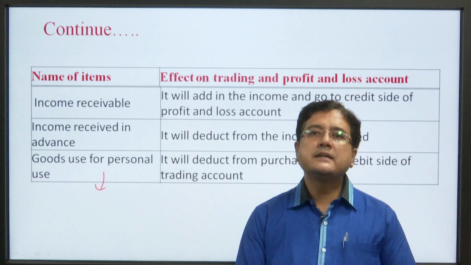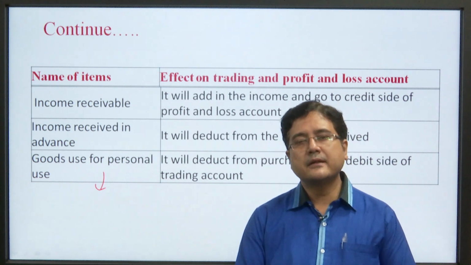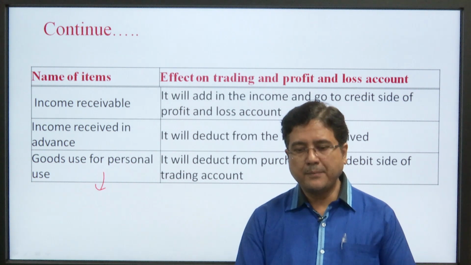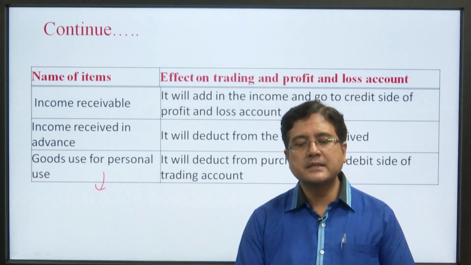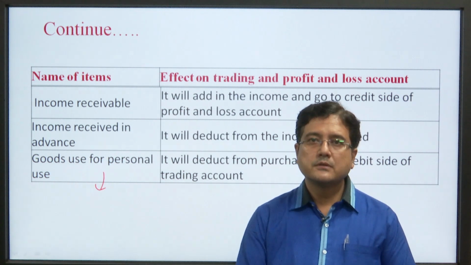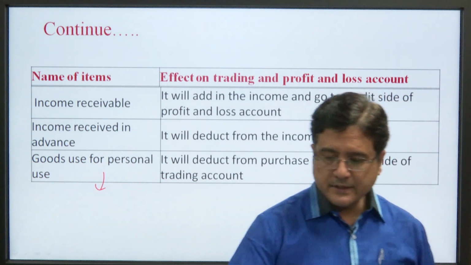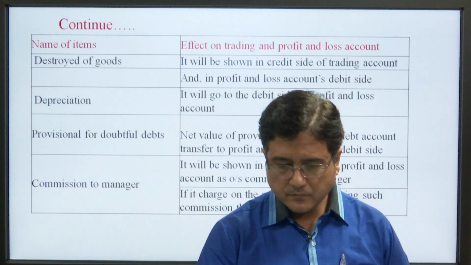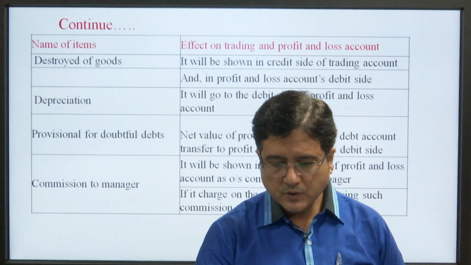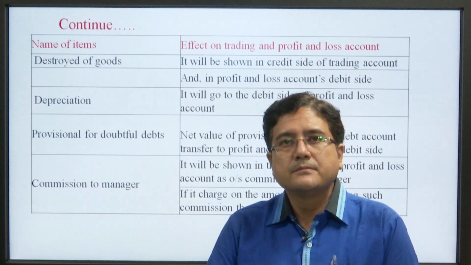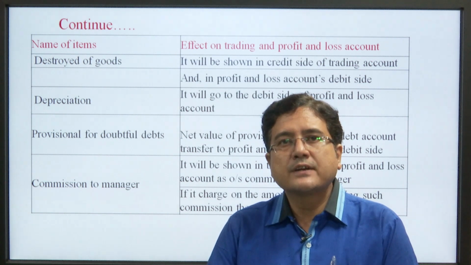This amount will be deducted from the capital and is part of the credit side of the trading account. Destroyed goods, if goods are destroyed, will show on the credit side of the trading account and on the debit side of the profit and loss account.